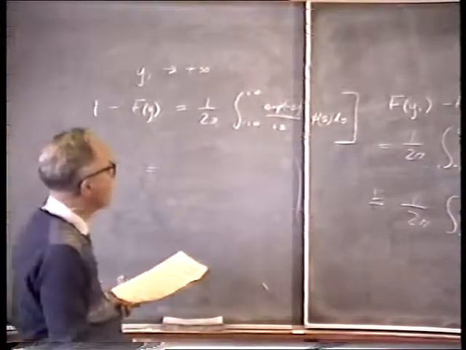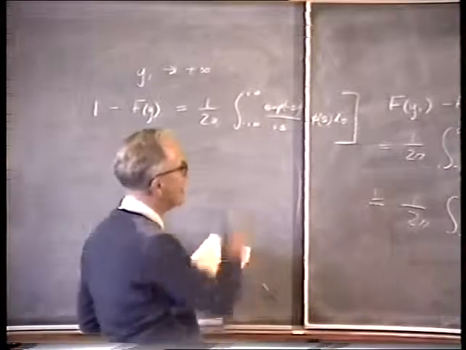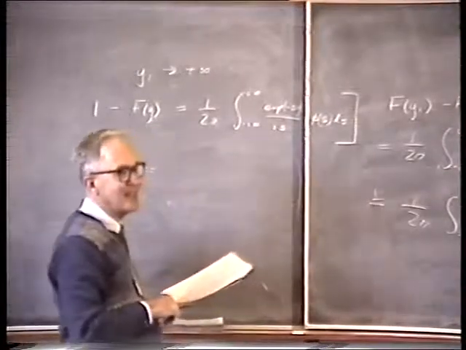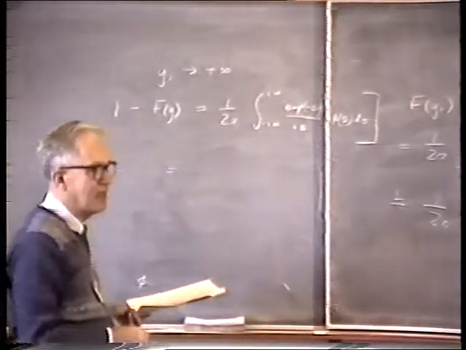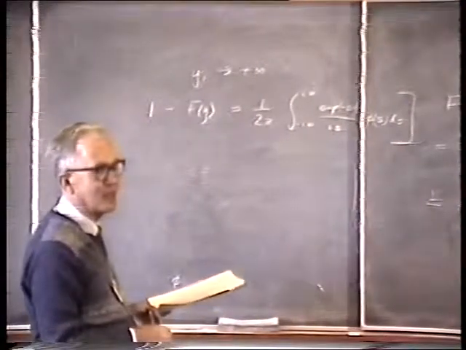And it's at this point that it becomes clear that this little detour around the origin is necessary, because otherwise we have got that the integrand is of order 1 upon s at the origin.